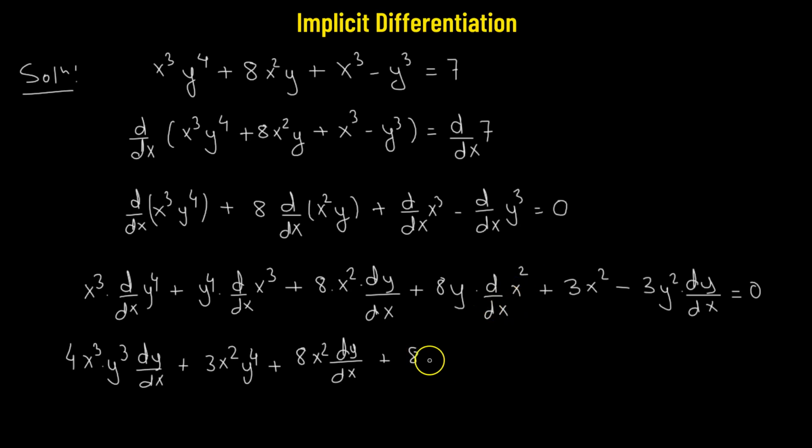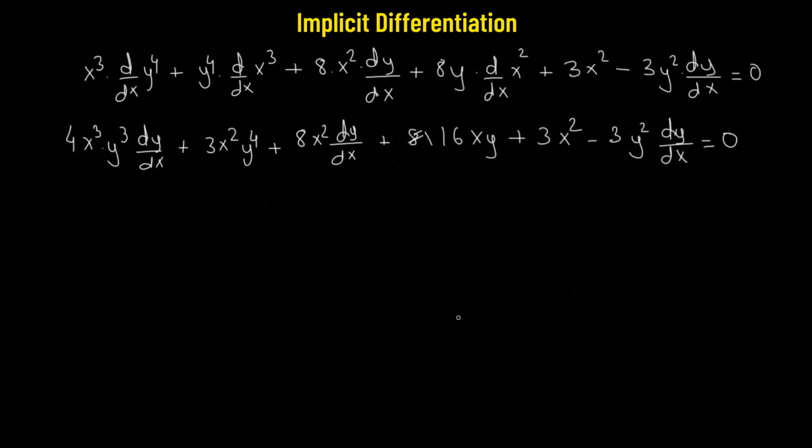We have differentiation of x squared, so that will be 2x. So 8 times 2 will give us 16xy plus 3x squared minus 3y squared times dy over dx. So this is equal to 0.